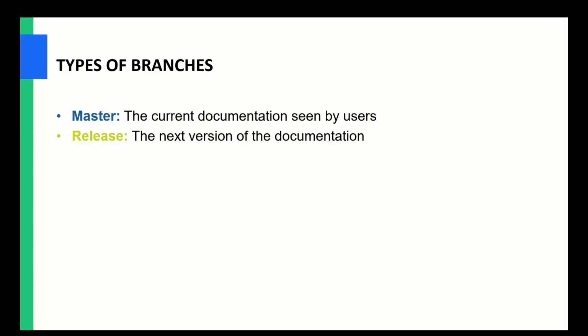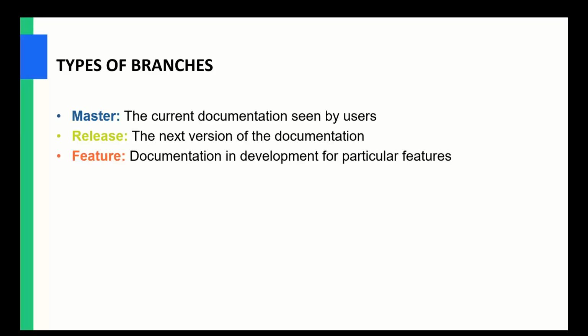And the release branch is eventually going to be merged into your master branch and kind of take its place. So then the most recent changes in the master branch would be version 5 of the documentation, and then you start working on version 6, and the release branch will accumulate that documentation over time until you get to the end of that release cycle.